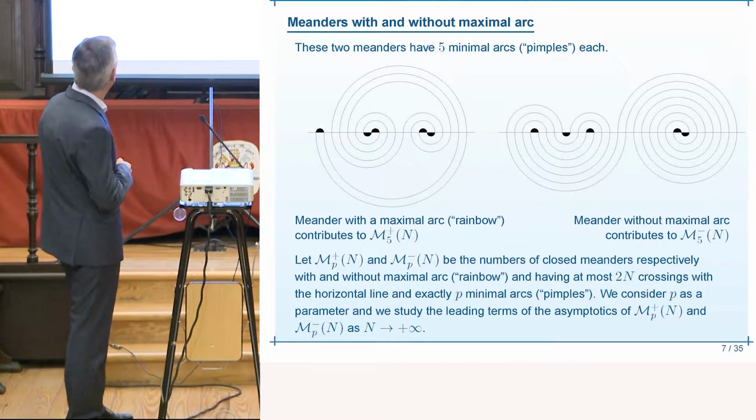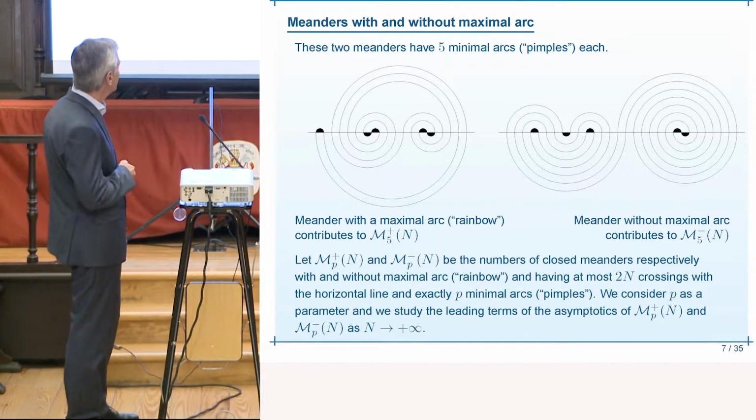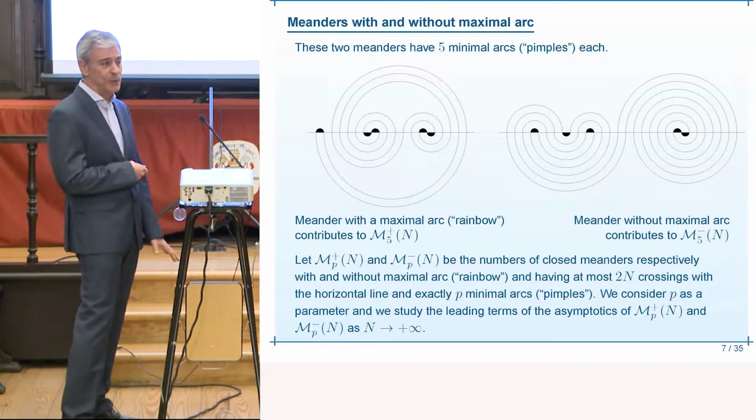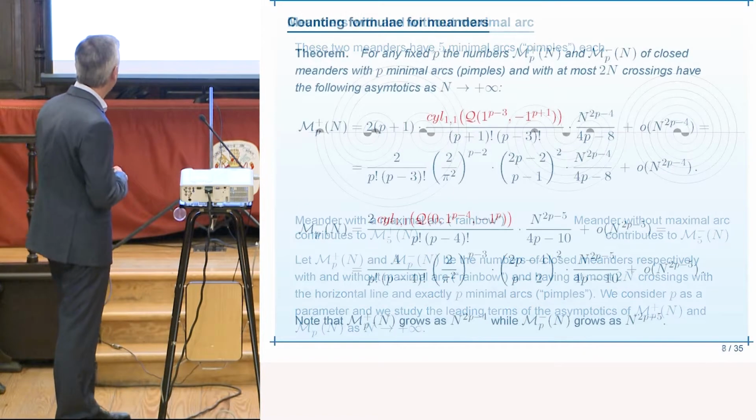So if you do not look at this first line, just look at the second line, the growth rate of the number of meanders of this type is a power function in n. This is the explicit coefficient for this polynomial asymptotic. And again, this explicit coefficient is computed in terms of this red quantity, which is not defined yet and which would have geometric origin. And it would appear in a second.